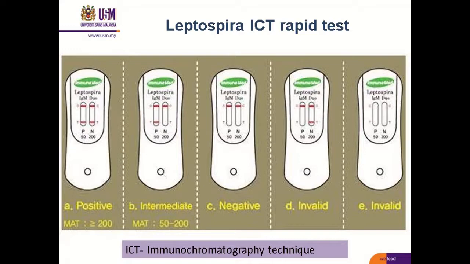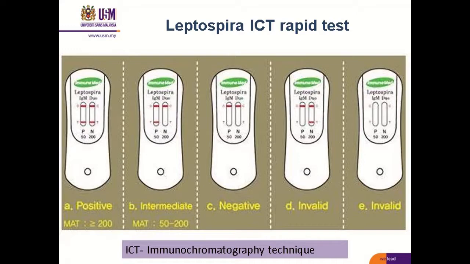Such as in number E. And D is not valid because the test at 50 is not present, whereas at 200 the test is present, so it may be something wrong in the test, so it's invalid.